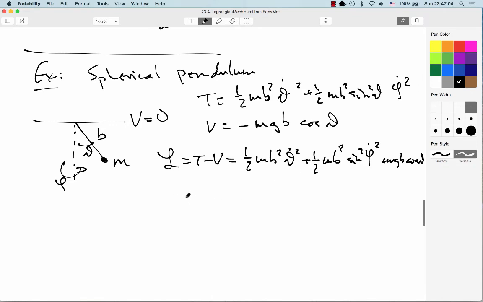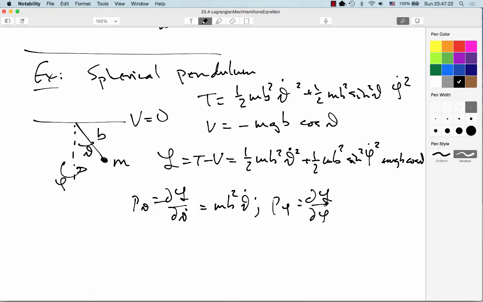All right, so we can get our p theta, equal to partial L partial theta dot, so that's m b squared theta dot, and our p phi is partial L partial phi dot, that'll be m b squared sine squared theta times phi dot.